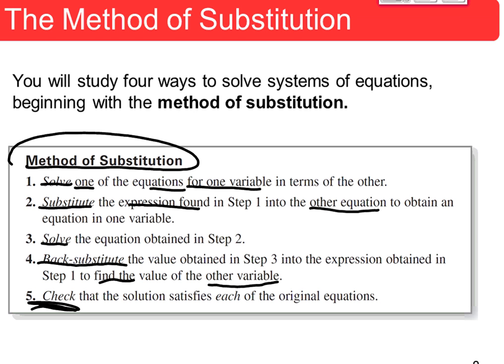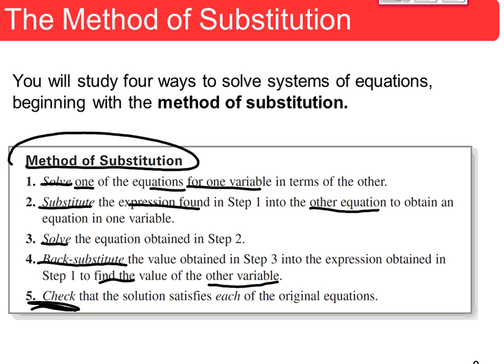So here's the method of substitution. You're already familiar with it. Maybe just write yourself a little note. You solve one of the equations for one of the variables. You substitute that expression that you found into the other equation, solve to find one of the variables, and then back substitute.